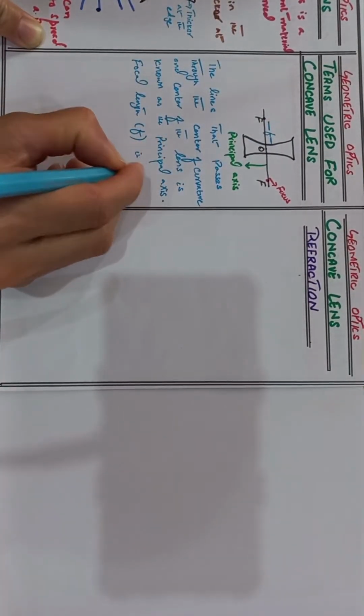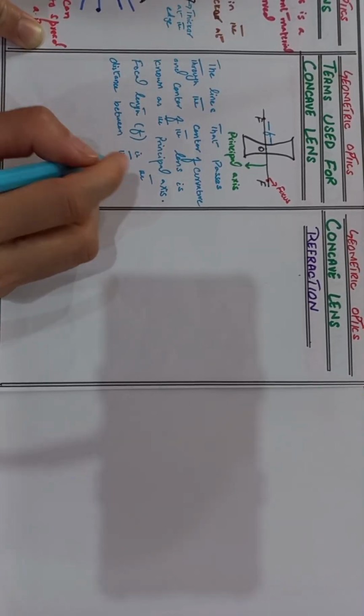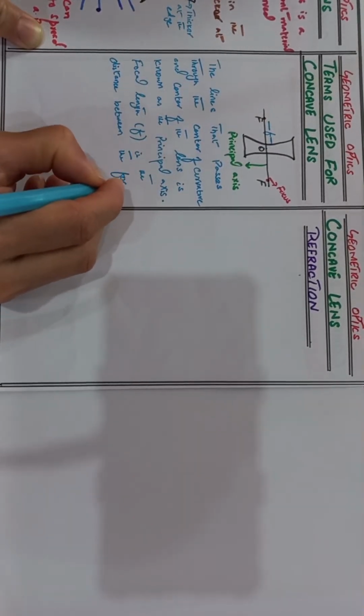Focal length, that is denoted by a small letter f, is the distance between the focus of a lens and the center of the lens. That is the terms that we use in the concave lens.